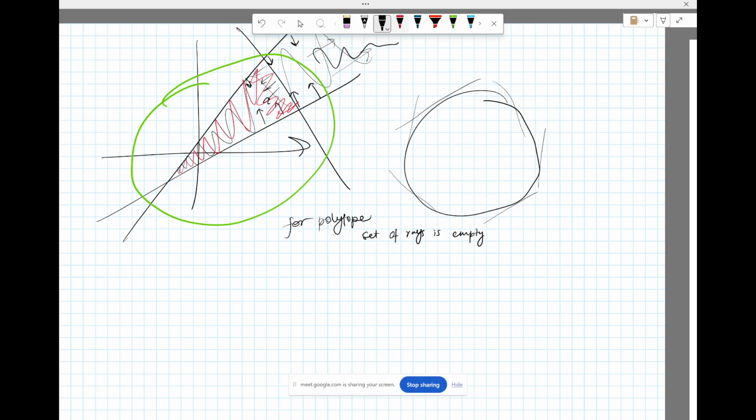Let me ask one question. Say, minimize c transpose x such that a transpose x is less than or equal to b.